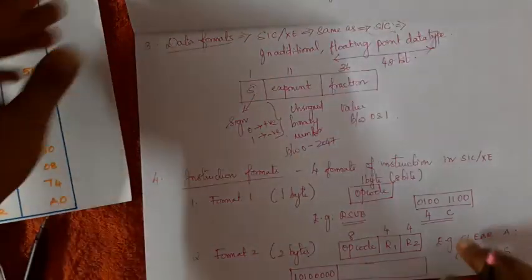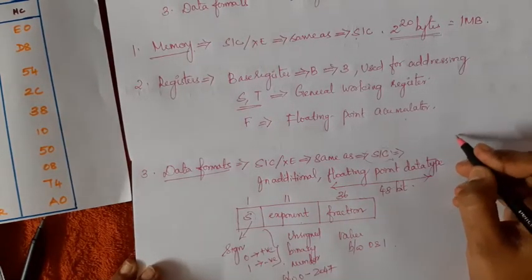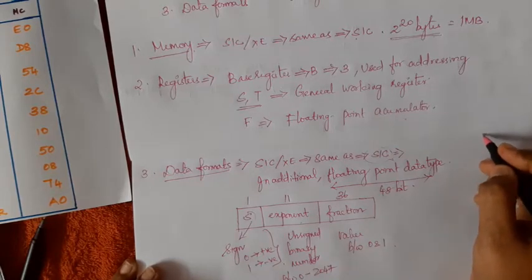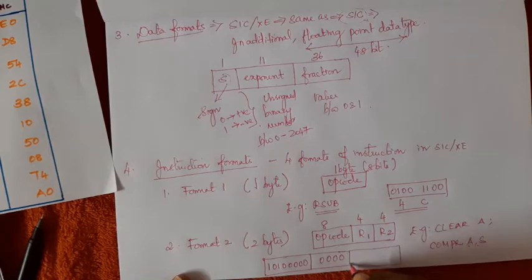In the SIC assembler, the accumulator is denoted by A and its value is 0. So we write accumulator here as 0000. That is register 1. R2: S value would be 4, it is defined as 4. So here we will write 0100.